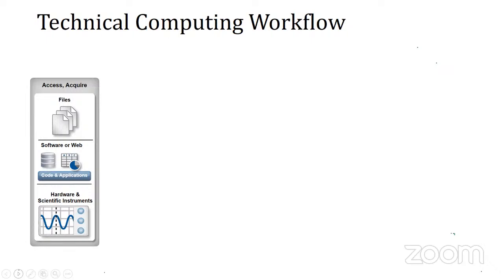Next is hardware and scientific instruments. Hardware means, as I have already told you, the ARM Cortex controller, or the Raspberry Pi, Arduino, or the FPGA, such as the Xilinx or Altera board. So these are basically the hardware. Also there are sensors which are responsible to get the physical data.